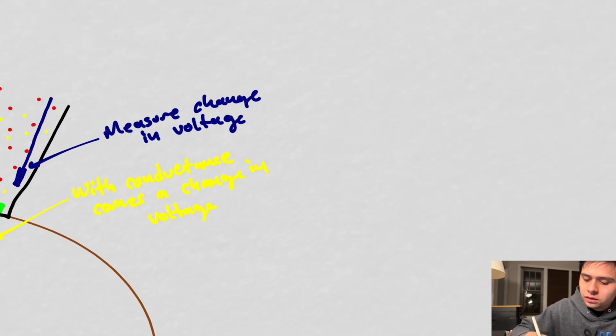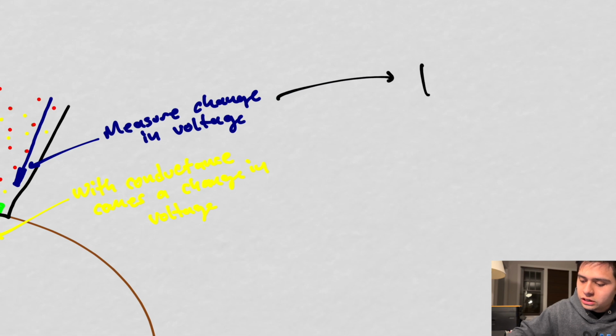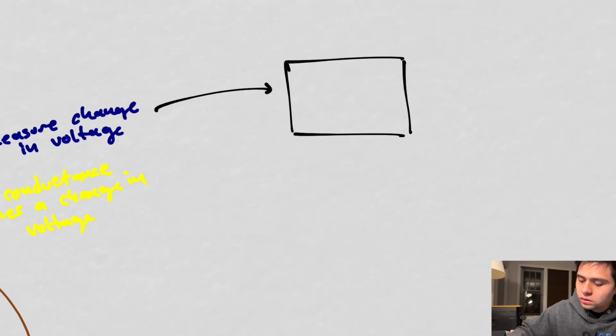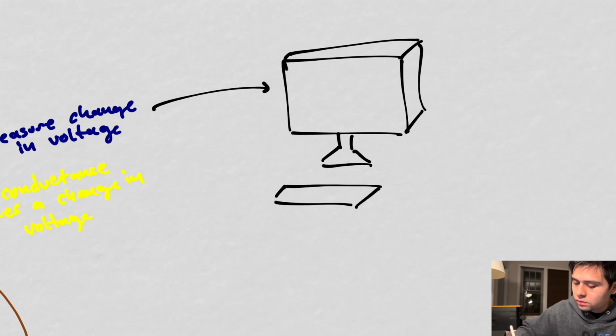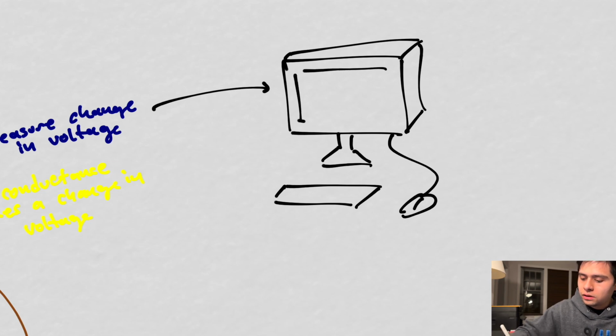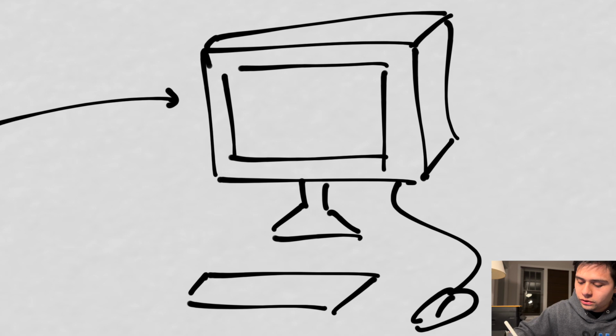And then essentially you could take this change in the voltage to a computer. This is hooked on to a computer, and the curve you get is going to look something like this.